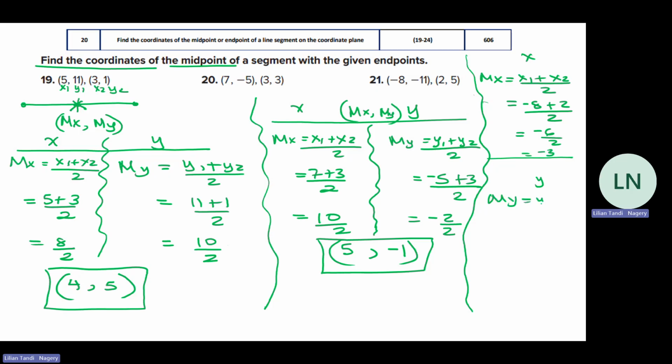My is y1 plus y2 divided by 2. So that will be negative 11 plus 5 divided by 2, negative 6 divided by 2, and that gives you negative 3. So your answer for mx, my is negative 3, negative 3, and you box your answer. Okay?